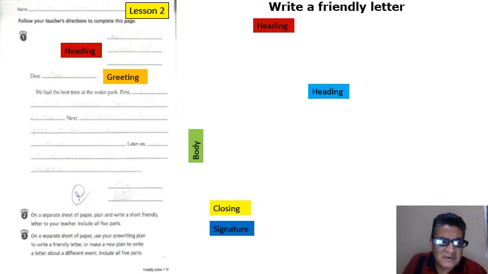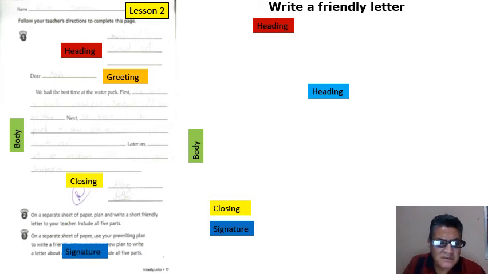Then we have the greeting, to the person that you are writing the letter to. And then we have the body, the central information that goes in 2 or 3 parts, the things that you share with your friend. And then when you finish, you do the closing, and right after the closing, you write your name. You see how easy the letter is?